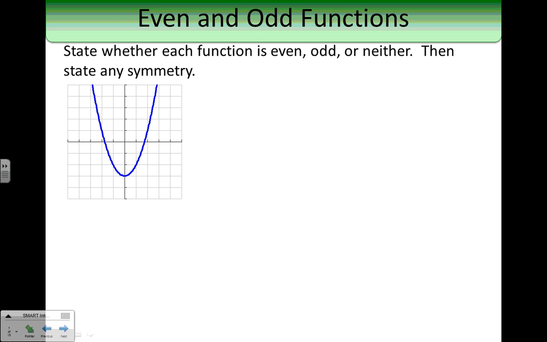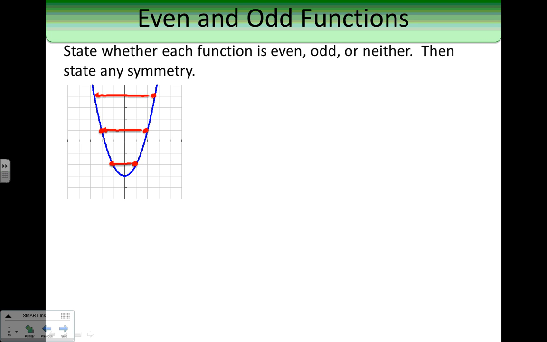Before we do that, let's look at the graphs of a few functions. We want to state whether each function is even, odd, or neither, then state any symmetry. As we can see, this one is going to have symmetry across the y-axis. I have a point over here, and I have its opposite point also over here, and that happens along the whole function.